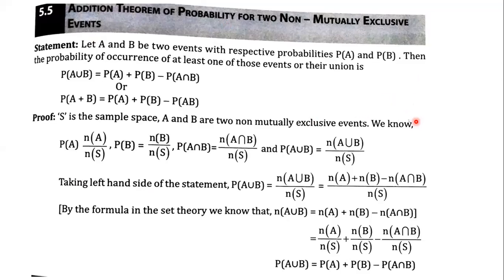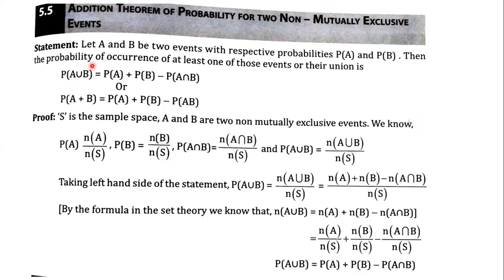Are you all able to understand? There is a possibility of either taking one of the events or accepting both the events. So that is the addition theorem for non-mutually exclusive events. Be very careful in first reading the question when it comes to mutually exclusive and non-mutually exclusive.